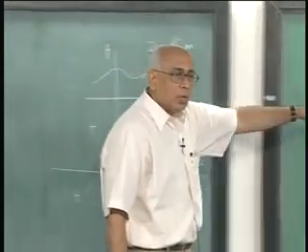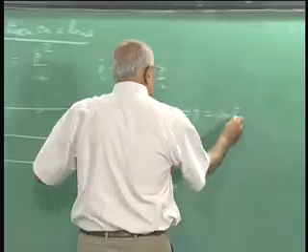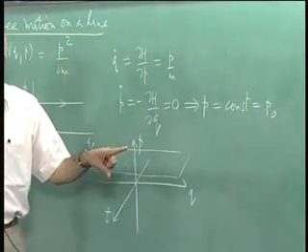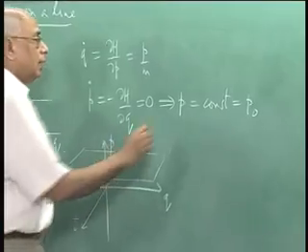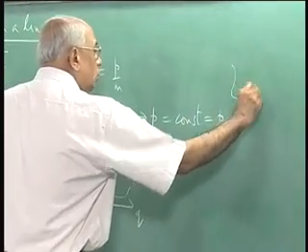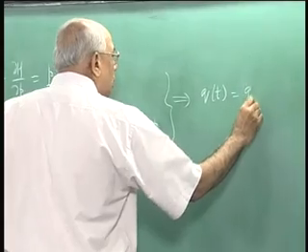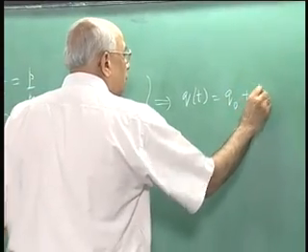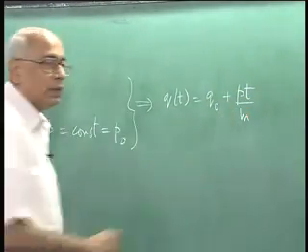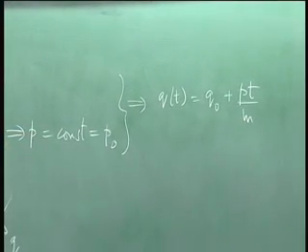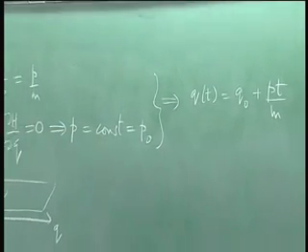Well, you can do that by solving this equation. So let us put this p equal to constant equal to p naught, the initial value, back in this equation, and then together these two things would imply that q of t equal to q naught plus pt over m, because p is constant. You could have written p naught there, it does not matter, pt over m. So now tell me what is the other constant of the motion?